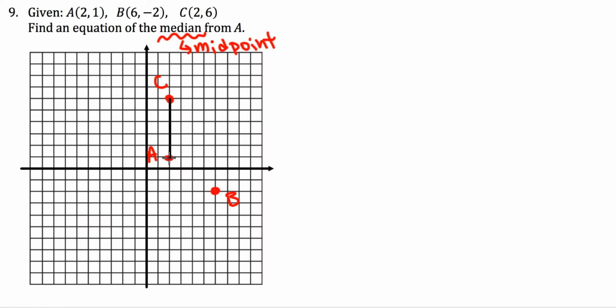Now, what we're going to do is the median. So that means, you see median from A, that means I need to find the midpoint of the other side right over here, between B and C. So let's try to look at it, B and C. So the midpoint between B and C must be this way, 2 plus 6 divided by 2.